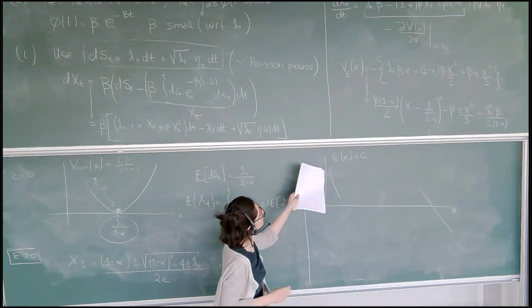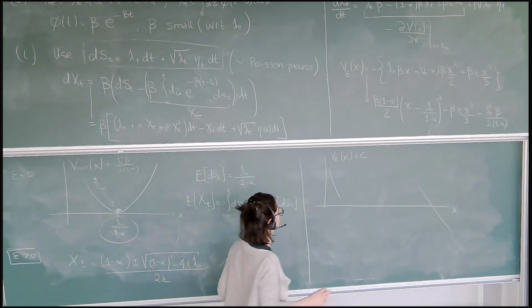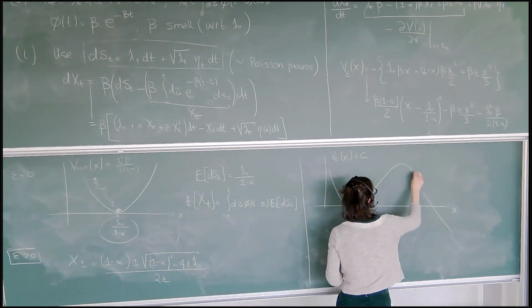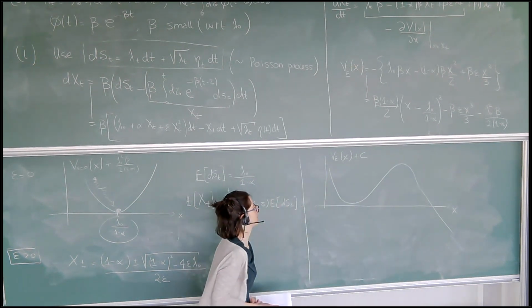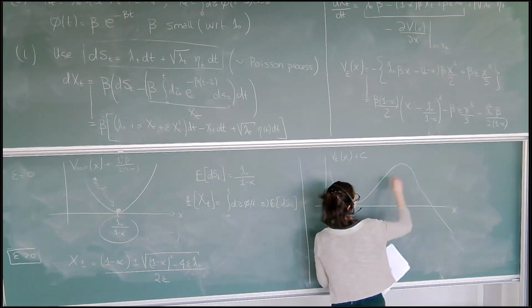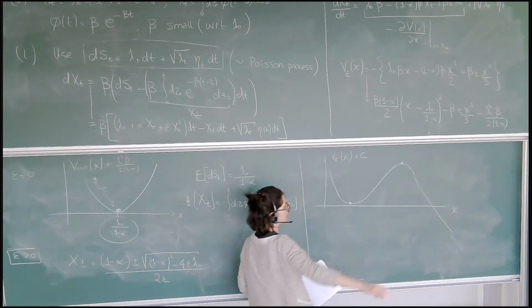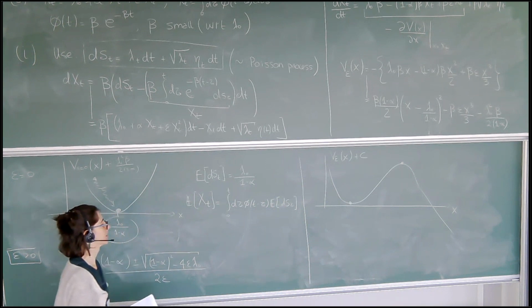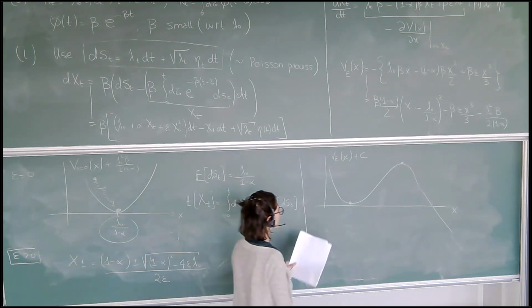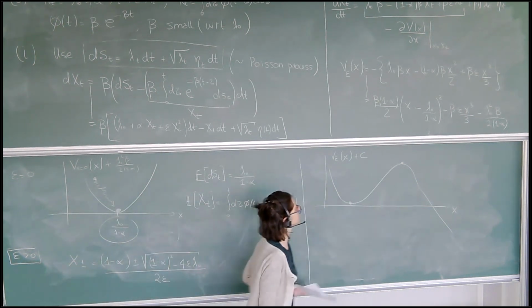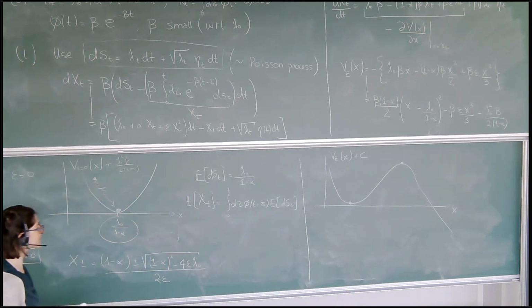If you study the behavior at x equal to 0, you will find something like this. So it is easy to expect that your potential will have some shape like this, with a minimum and then a maximum that allows you then to decay to minus infinity. So we have to understand which one is x minus and which one is x plus.